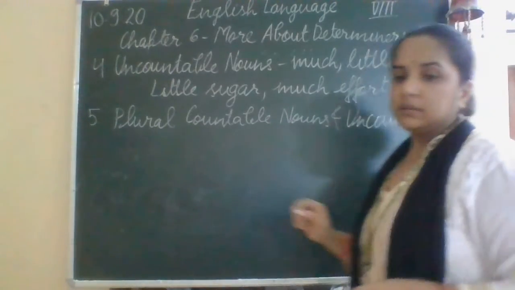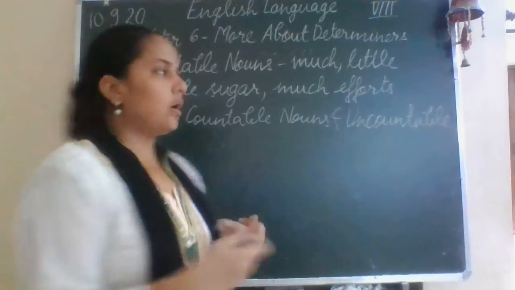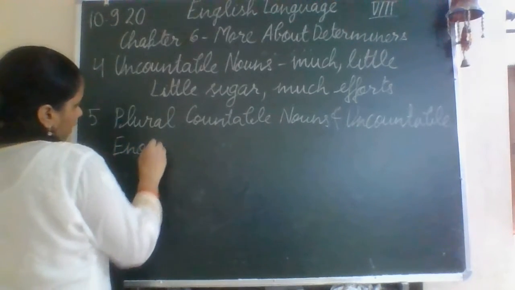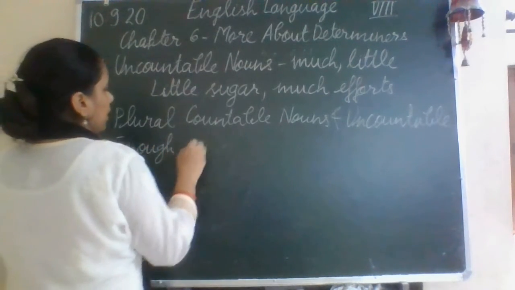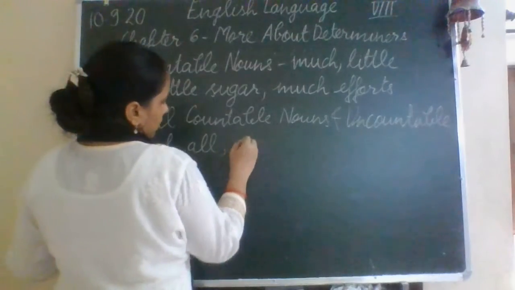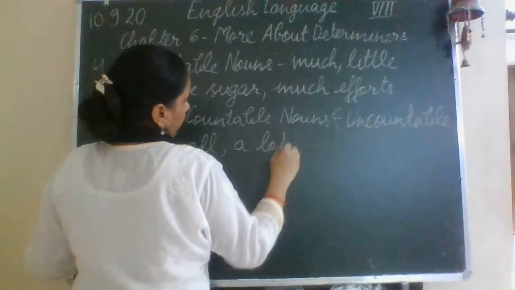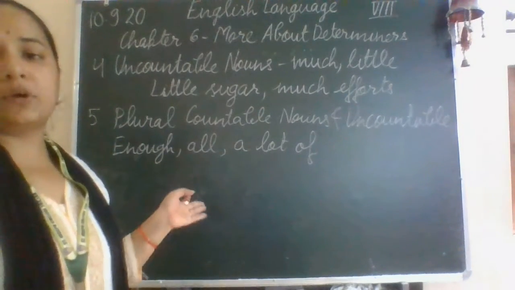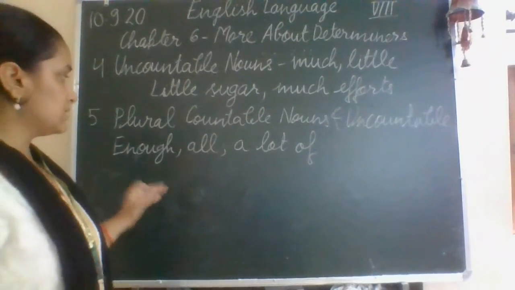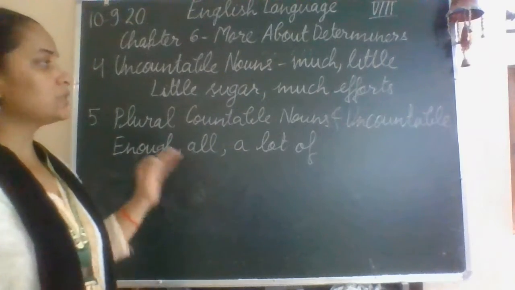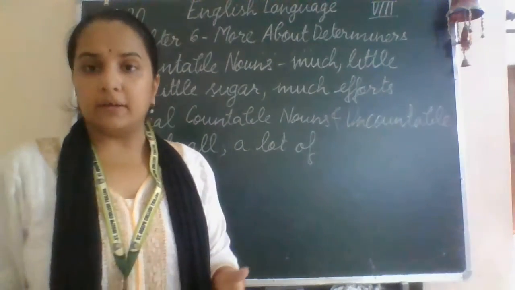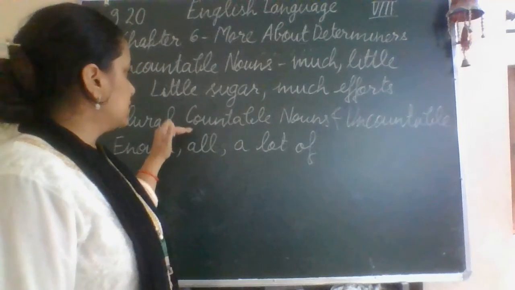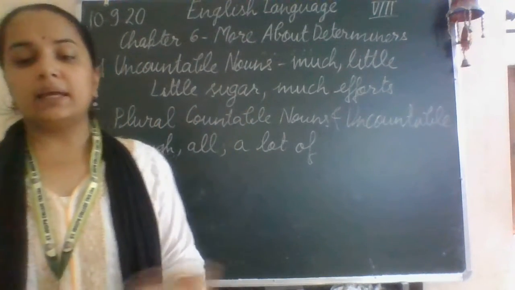What are these? These are enough, all, a lot of. These cannot be used with the singular because the names itself are suggesting that we will use these when we have more than one. So, we can use these with the plural countable and the uncountable.